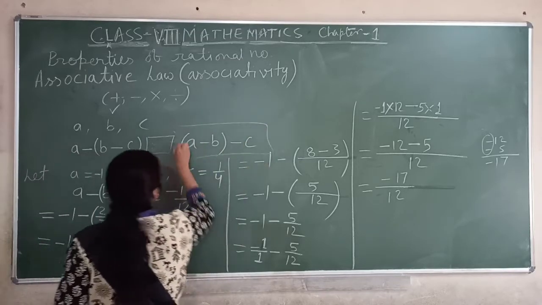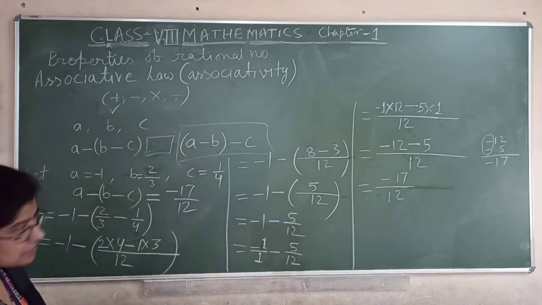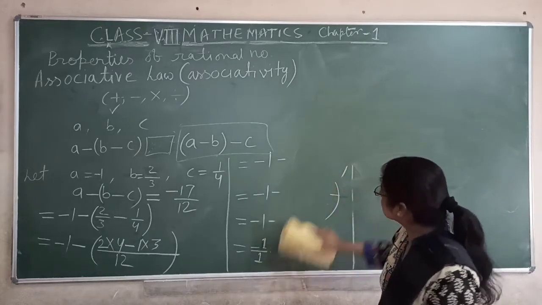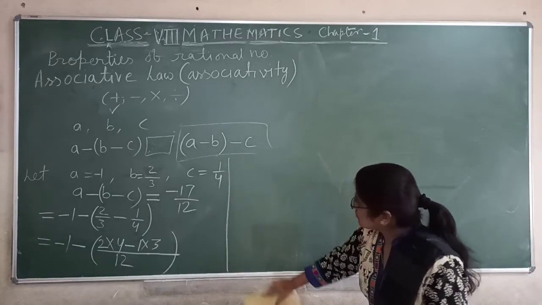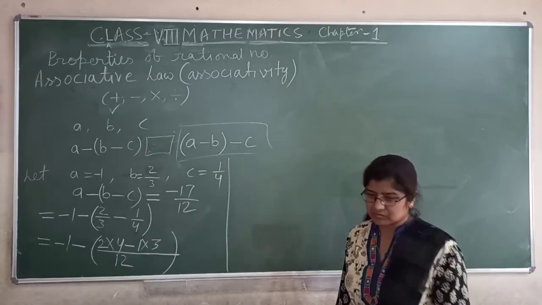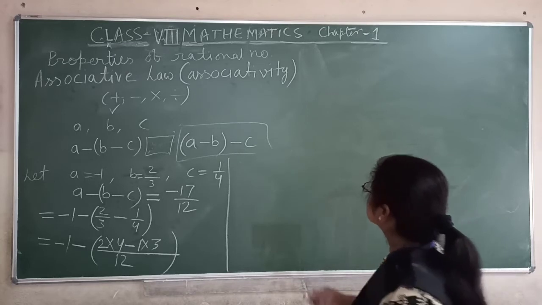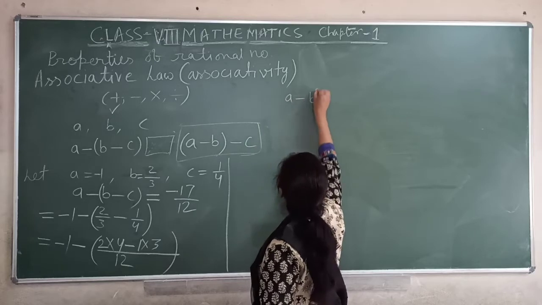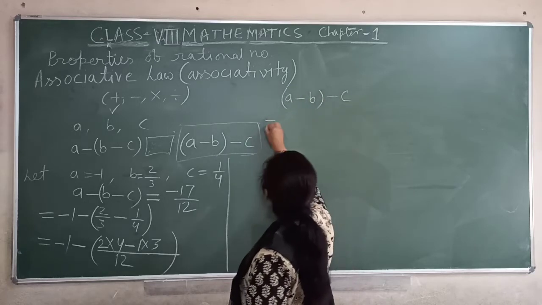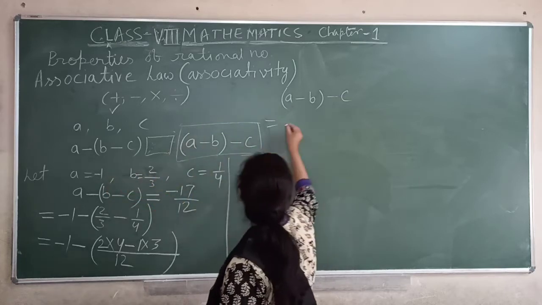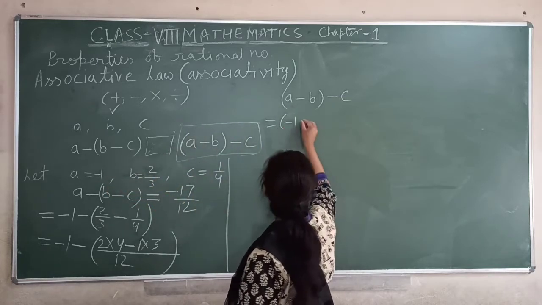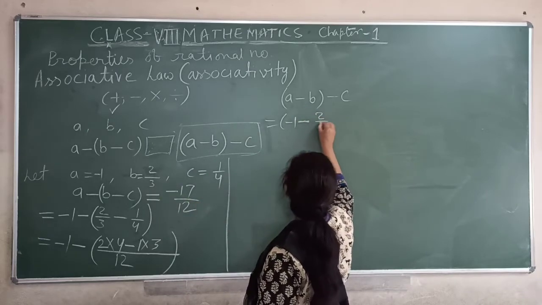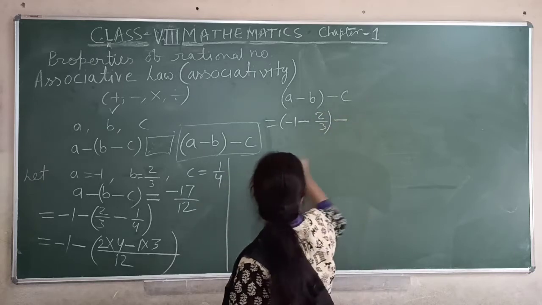Now we will check for this one. So look, A minus B within bracket, minus C. A equals minus 1, B equals 2 by 3, and C is 1 by 4.